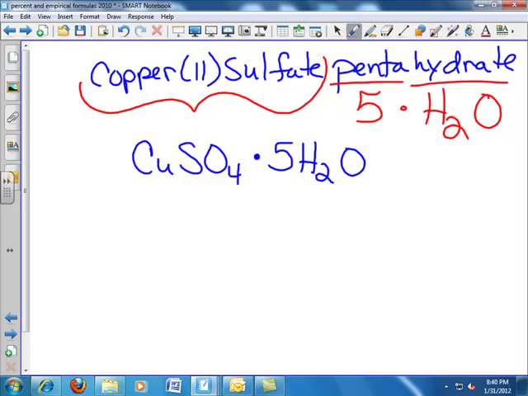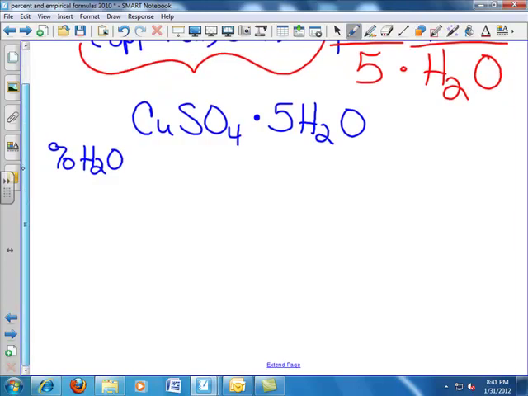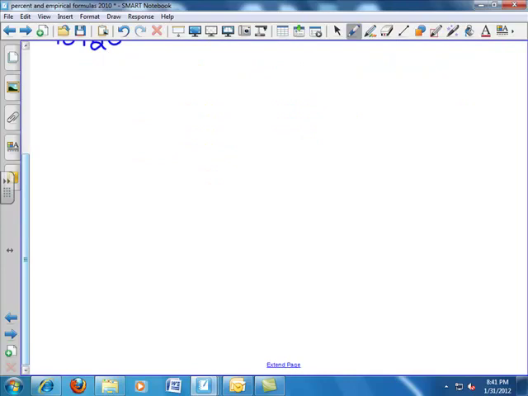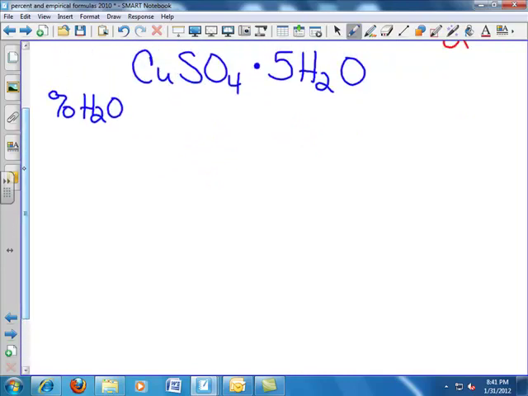Now, what I want you to do is find the percent of H2O in this compound. Well, again, what you would need to do is find the total molar mass of the whole compound. So we're going to have to separate this out and figure out the mass of copper.